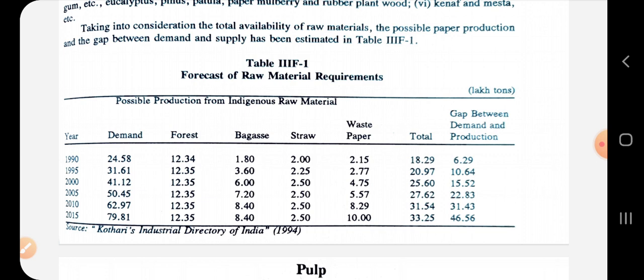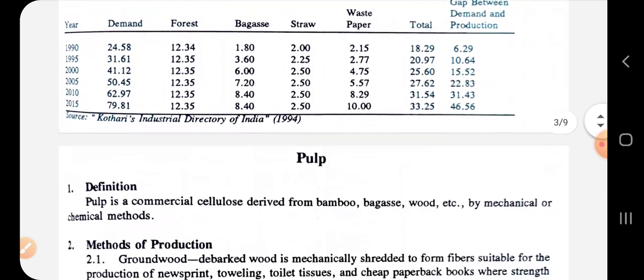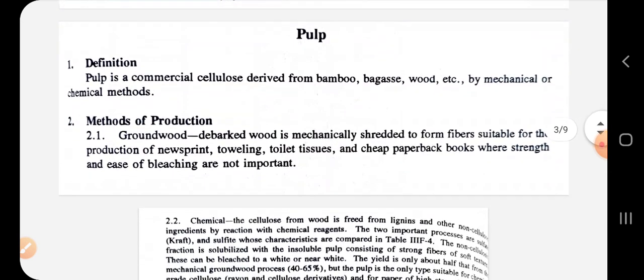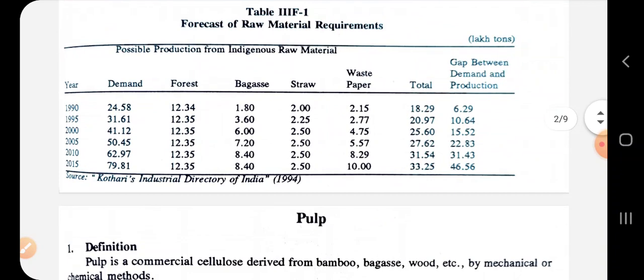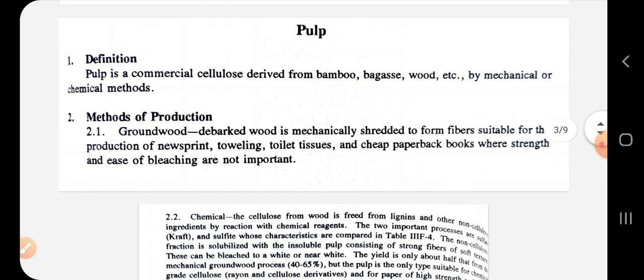So there was a huge gap, and the gap has been consistently increasing with passage of time. Because in 2015 we can see the demand was 79.81 lakh tons, and total production against that demand was only 33.25. So this was the Indian scenario and the introduction to the Indian paper and pulp industry.